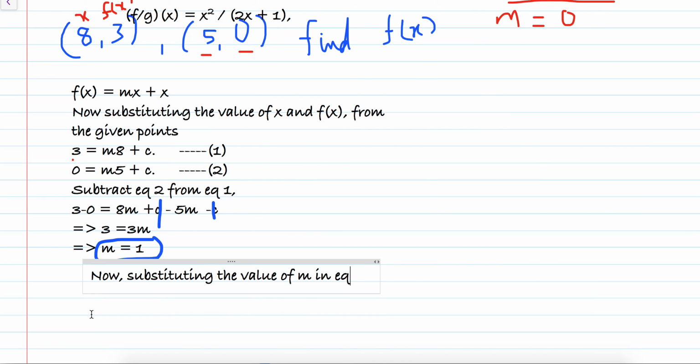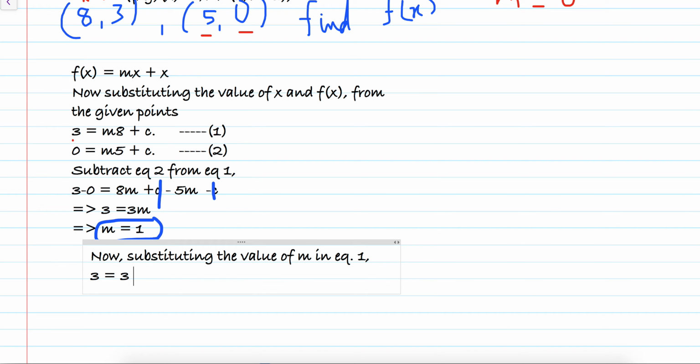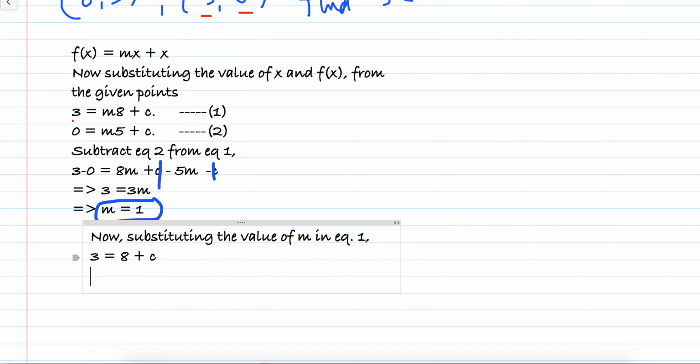Suppose I substitute m in equation 1, so we will get 3 is equal to, m is 1, so 1 times 8 we get 8 plus c, or c is equal to 3 minus 8, which is equal to minus 5. So here we got m and c.